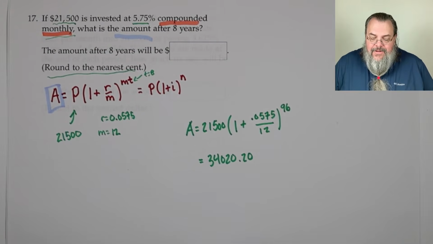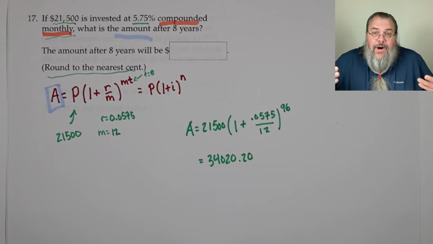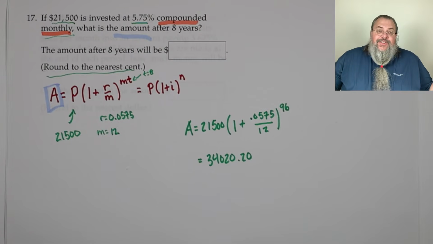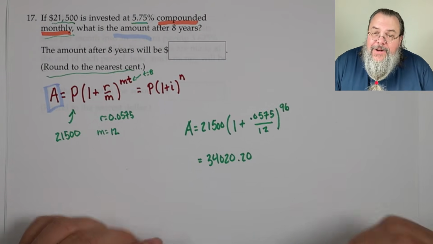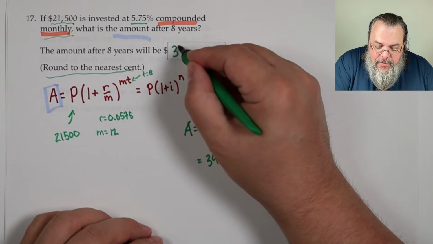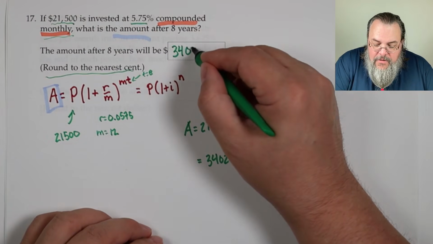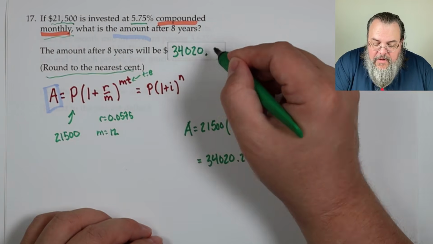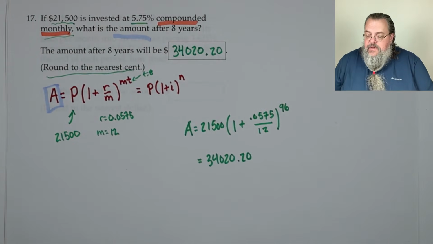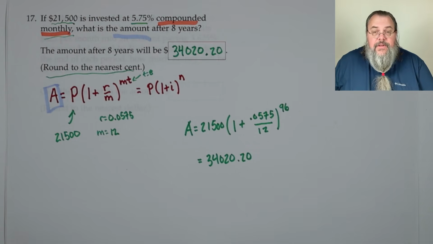So that ballpark makes sense. If we had been told you have millions of dollars in your account, that would be too good. I wish my investments were that good, but it has to be reasonable, and that fits the bill. So $34,020.20. And there you go.